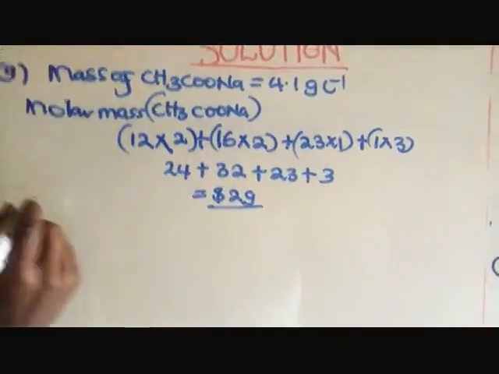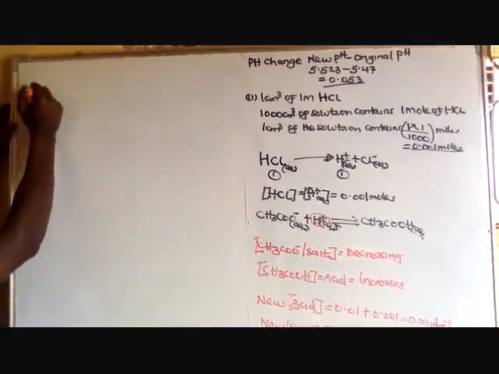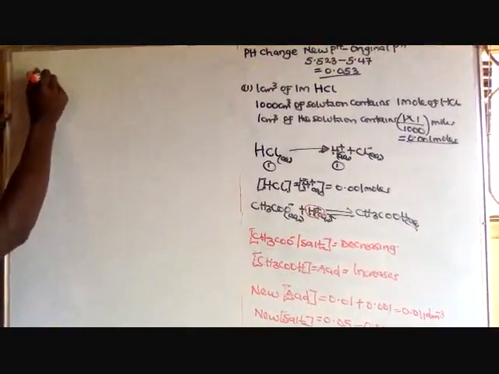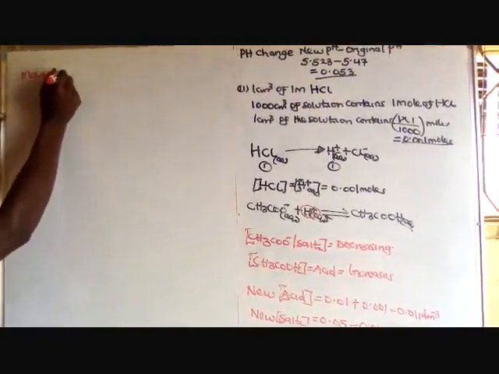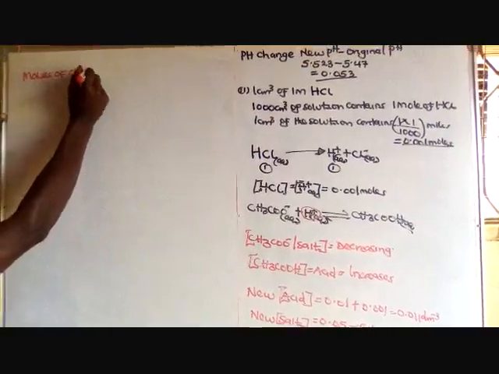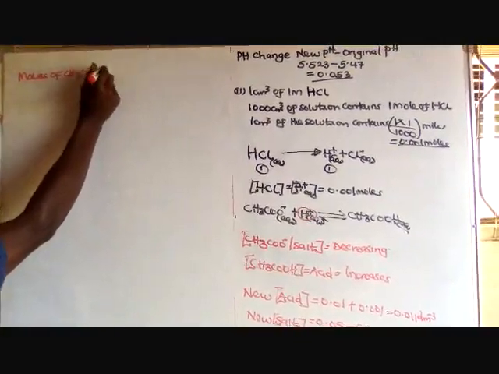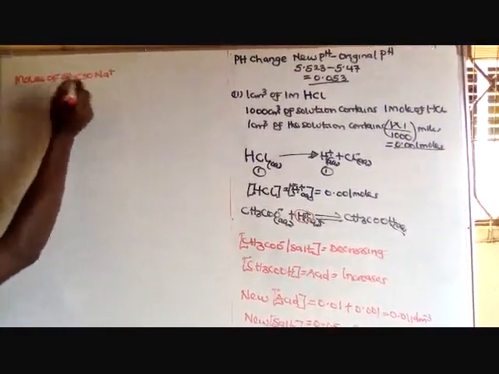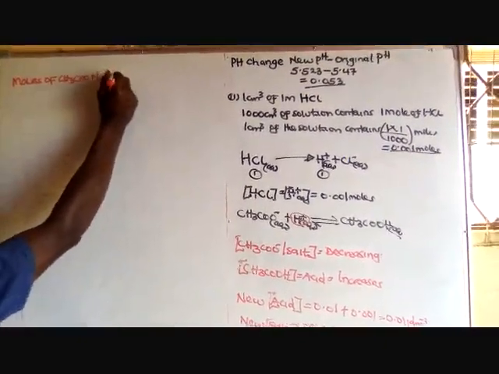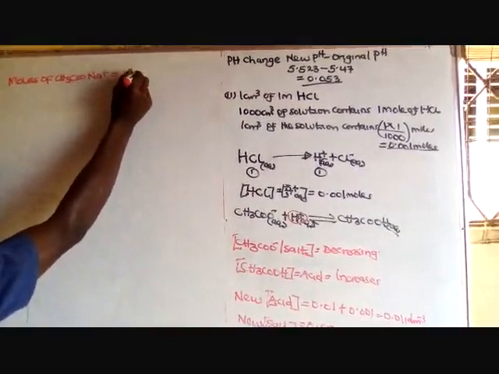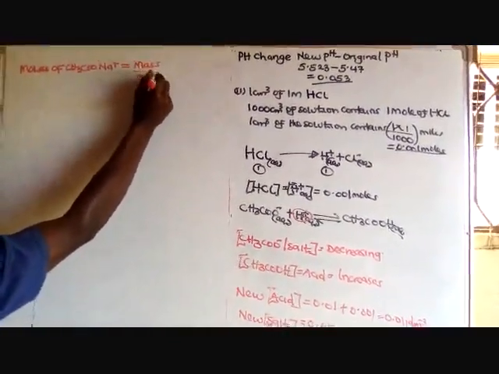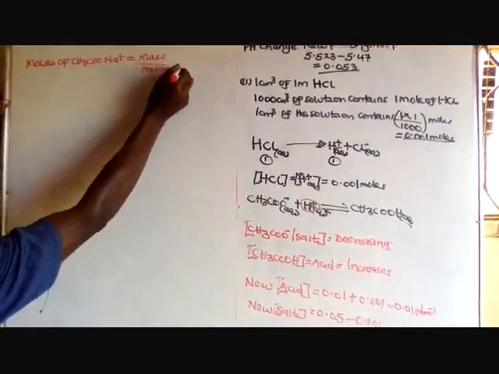After getting our molar mass, then we are going to find moles of sodium ethanoate, or what we call the sodium acetate. So what are we going to do? We are going to say moles of sodium acetate is equivalent to the mass given in the question out of the molar mass.